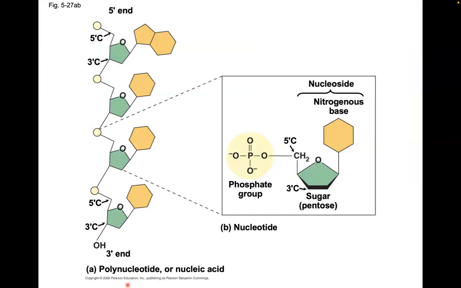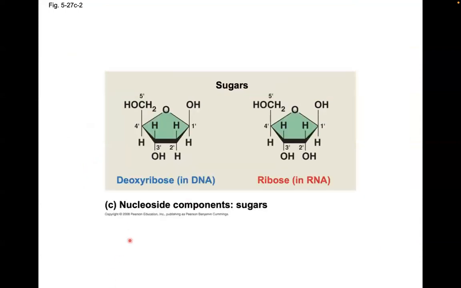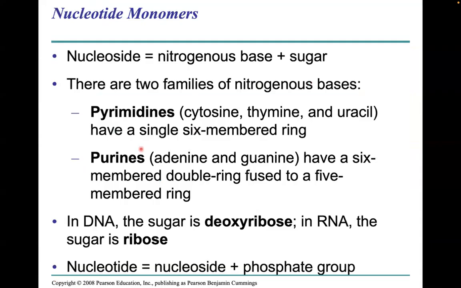This is the same picture for the nitrogenous bases. Now, nucleoside is equal to the nitrogenous base plus sugar without a phosphate. I want you to remember this. There are two families of nitrogenous bases. We have the pyrimidines, which consist of cytosine, thymine, and uracil.